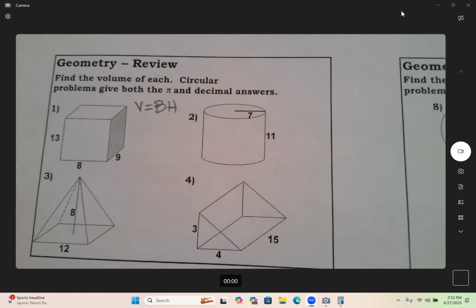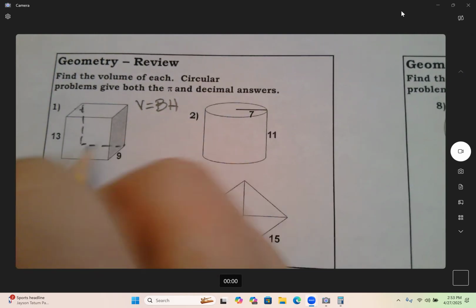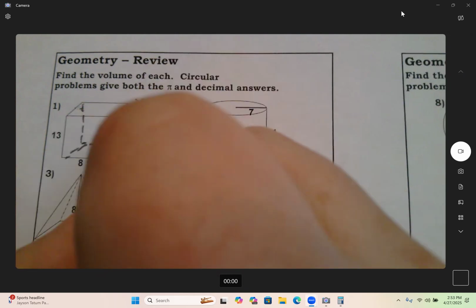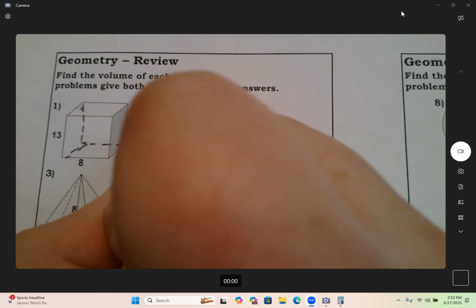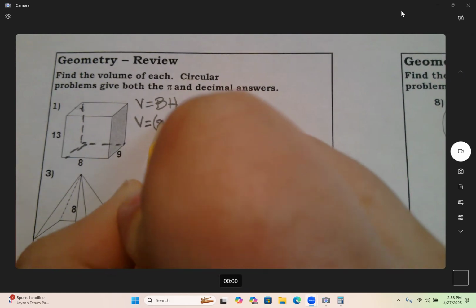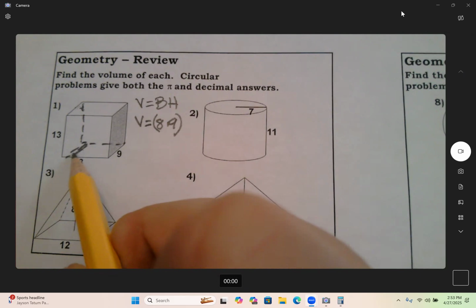Well, the shape of the base, it's hard to see because they don't really have dashes on here, but this is the base. The base is a rectangle or a parallelogram. And we know that the area of a parallelogram is base times height. So in this case, it would be 8 times 9. That's this figure down here at the bottom.